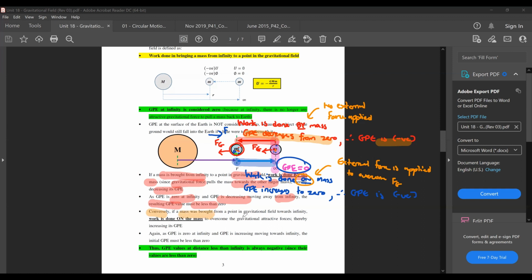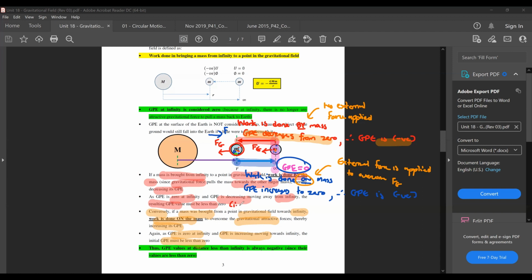Okay. So this is what the other statement is actually saying. Conversely, if a mass was brought from a point in the gravitational field towards infinity, work is now done on the mass to overcome the gravitational attractive forces, thereby increasing its GPE. Again, since your GPE at infinity is 0 and GPE is increasing towards infinity, your GPE value in the first place must be less than 0. In other words, negative.